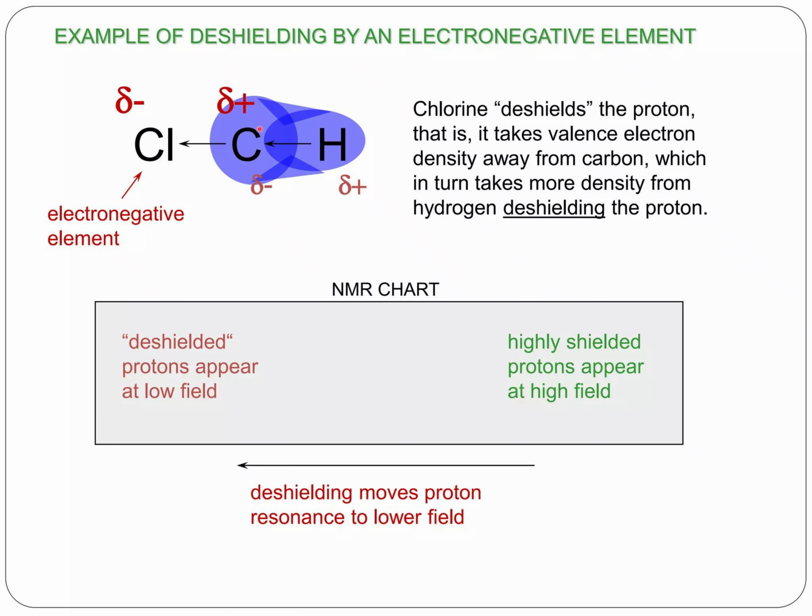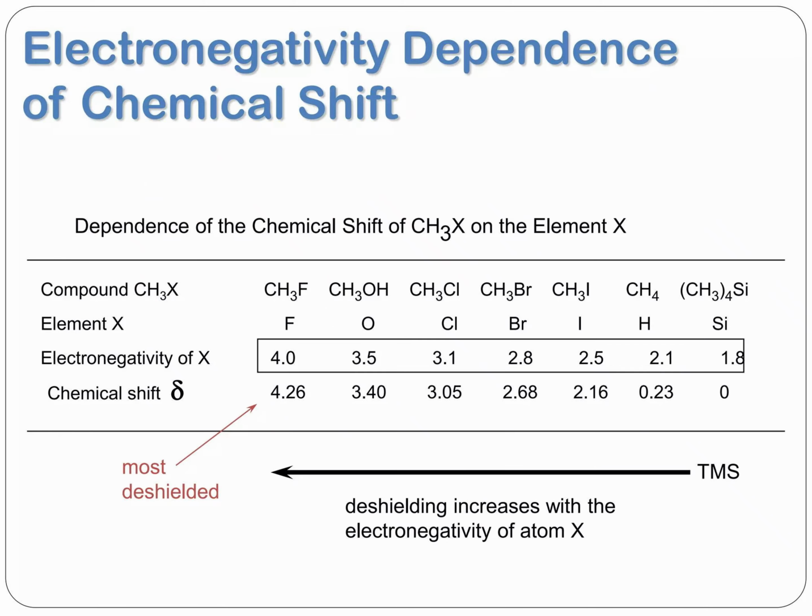You can see here chlorine. It will pull the electrons of hydrogen, so the hydrogen can no longer be shielded. It is now deshielded. You can see here, the more electronegative, the more deshielding, from 0 to a higher value.